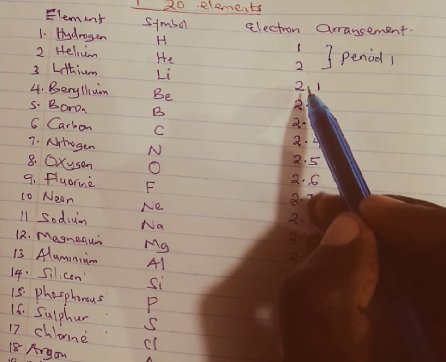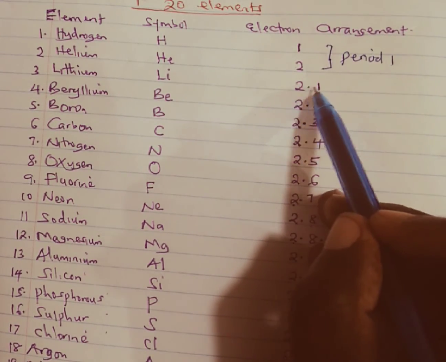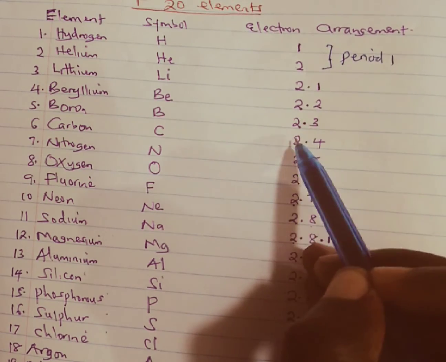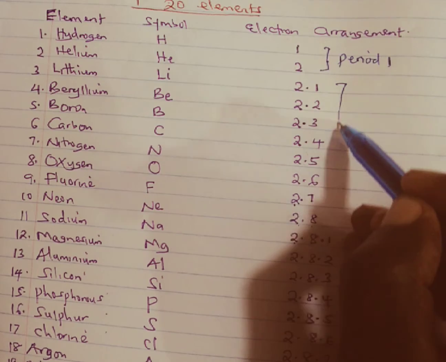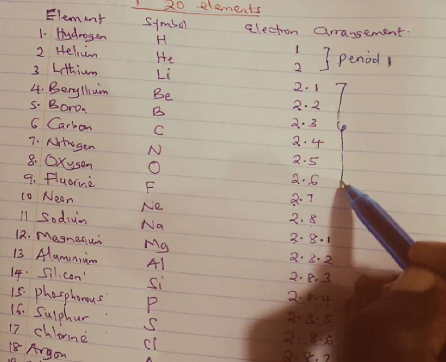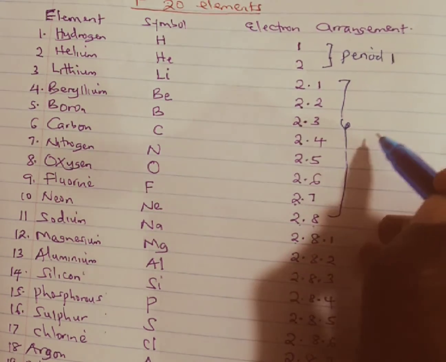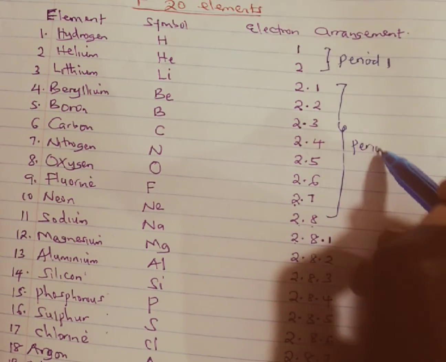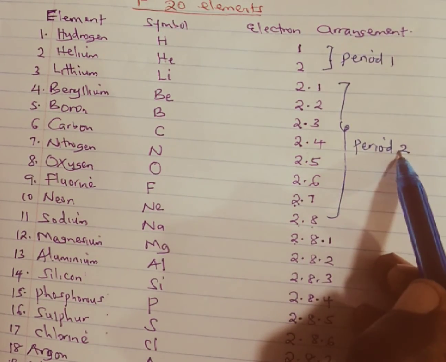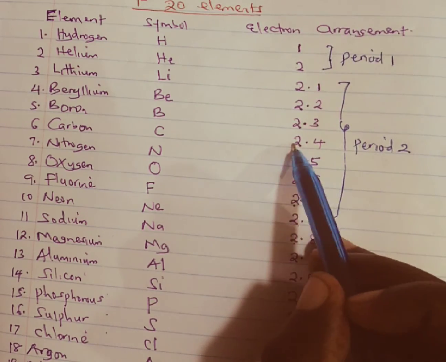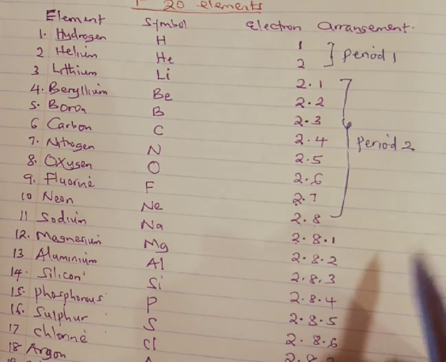Then from number 3, they all have 2 occupied energy levels up to number 10, and since they have 2 occupied energy levels, these elements belong to period 2 of the periodic table. In other words, to identify the period, we look at the number of occupied energy levels.